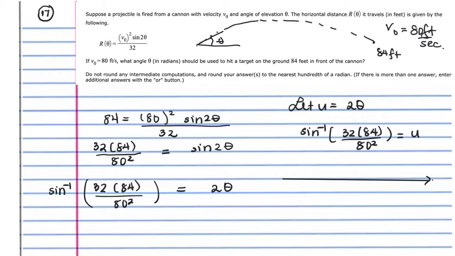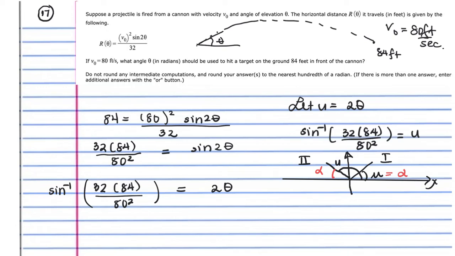If it's above the x-axis, it's either in quadrant 1, which the arc sine will give you, or quadrant 2. So u could be in quadrant 1, and then we can have a u with that same reference angle in quadrant 2. We'll call this angle alpha, our reference angle, which if it's in quadrant 1 will equal alpha. So we're going to get 2 cases.